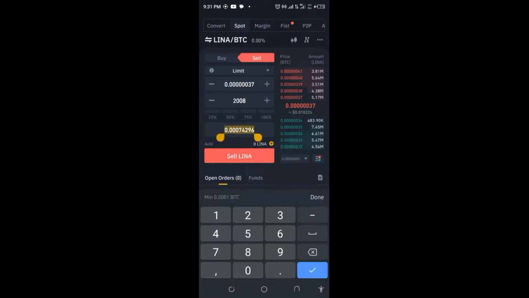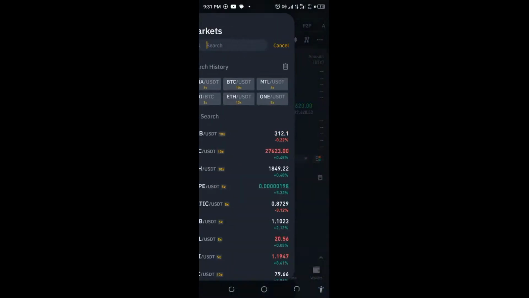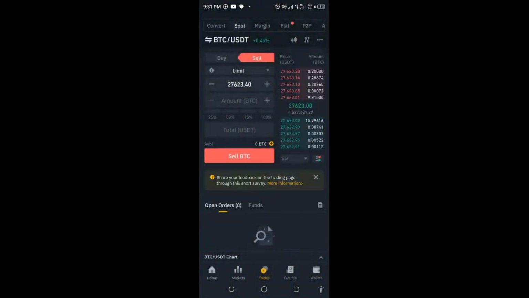Let's see if we'll make money with this. Okay, we've got 44 cents. That looks good. By the time we do all the changes and everything, that should give us about 40 cents. So let's go ahead and try this out.